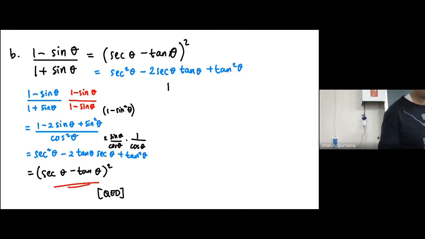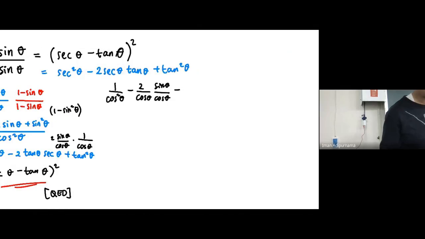If you want, you make this 2 over cos theta, sine theta over cos theta, and then plus sine squared theta over cos squared theta, and then you get all cos squared.